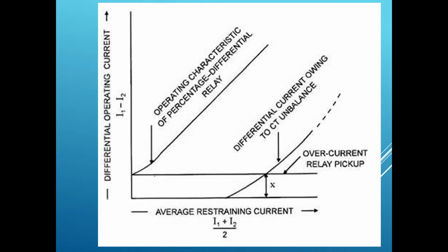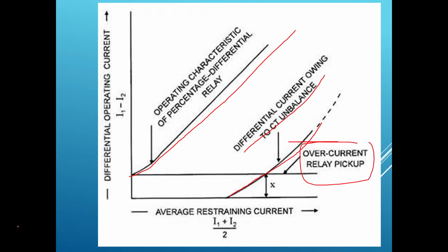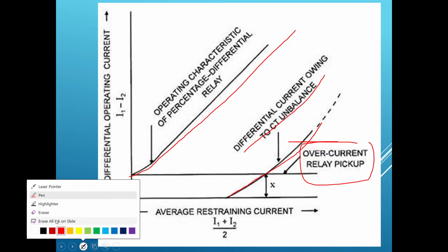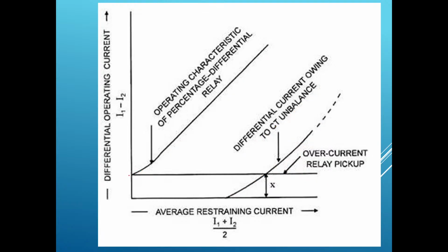So if you see here, this is the operating characteristic of the percentage differential relay and the differential current owing to CT unbalance. This is the current that flows if CTs are unbalanced. This is the overcurrent relay pickup value. So the relay will not operate until a predetermined value is reached. Some magnitude of fault current has to flow beyond this value.